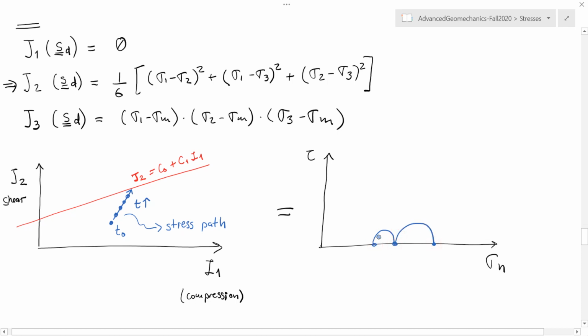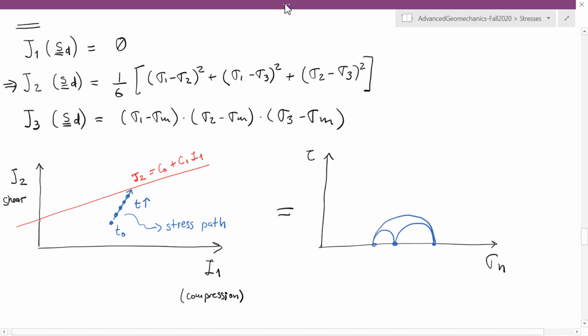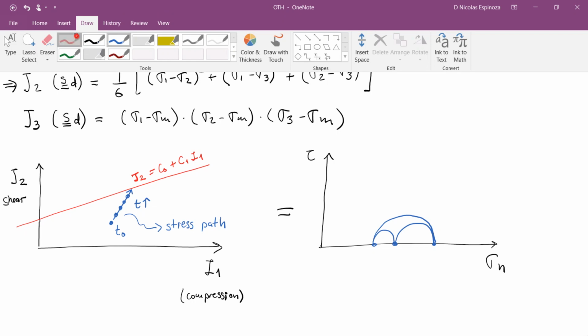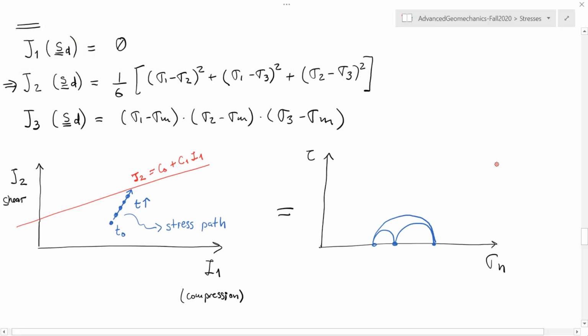So I'm going to draw 3 circles. And the shear yield for this particular rock is somewhere over here, where the maximum shear stress depends on the cohesive strength of the rock plus effective normal stress times the tangent of the friction coefficient.